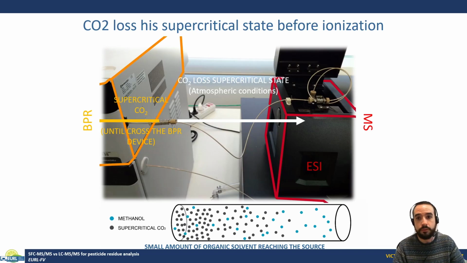It does not work anymore as a solvent, so only a small amount of methanol with the compounds reaches the ESI source. And that's one of the reasons why it's necessary to use a makeup or auxiliary pump. Nevertheless, the flow rate will still be lower than LC, and this has some ionization benefits.